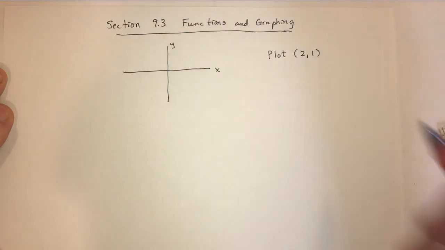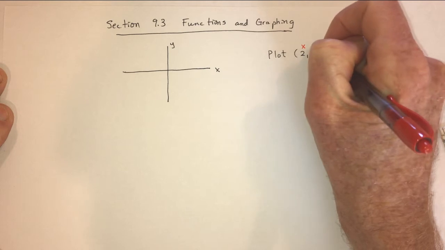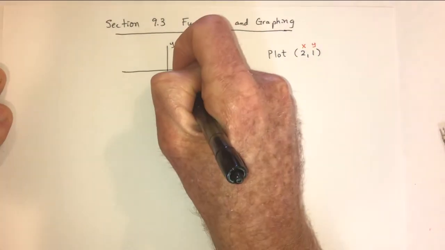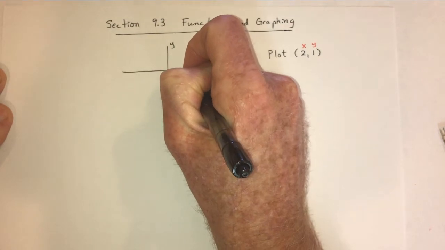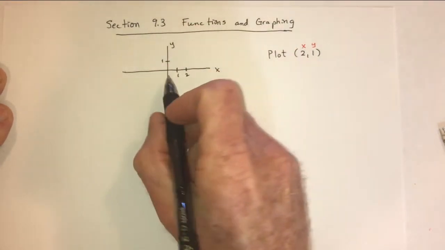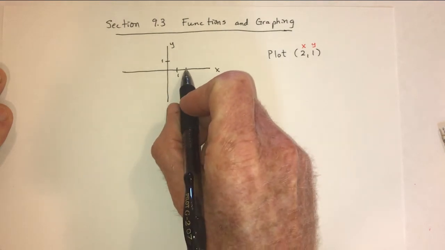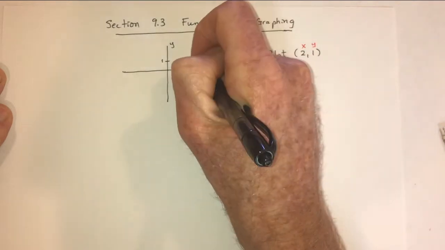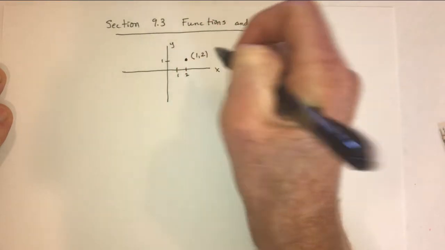So this is telling you on the x-axis, go over by 2, and on the y-axis, go up by 1. So you go over by 2, and then up by 1. And that is 2, 1.